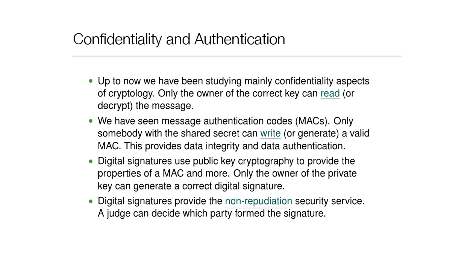And for authentication, this kind of tag for a particular message can be computed only by the person who has the particular key. So only the authorized person can do that. That implies authentication of the message.